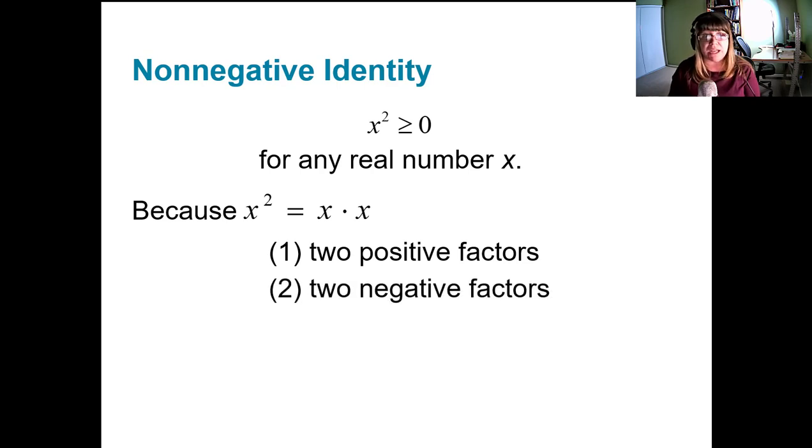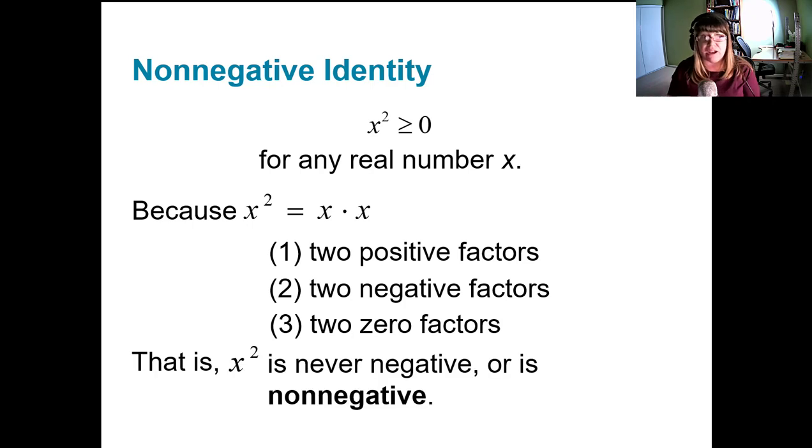Two, you have two negatives, -2 times -2 is a positive value. Or three, you have two zeros, 0 times 0 is 0. So this is the non-negative identity. There is never a negative result. It's always non-negative.